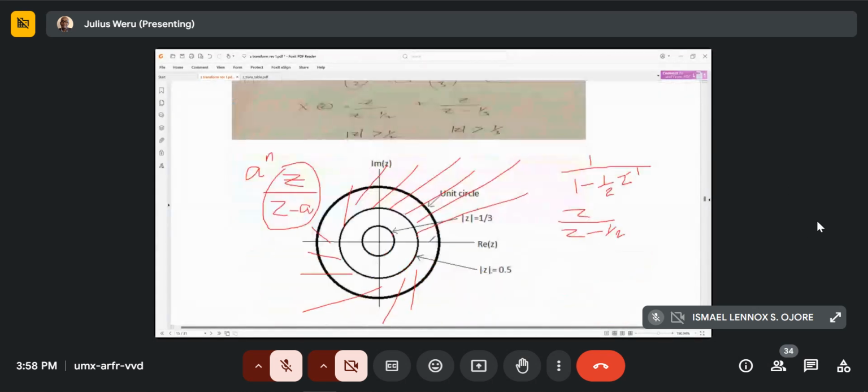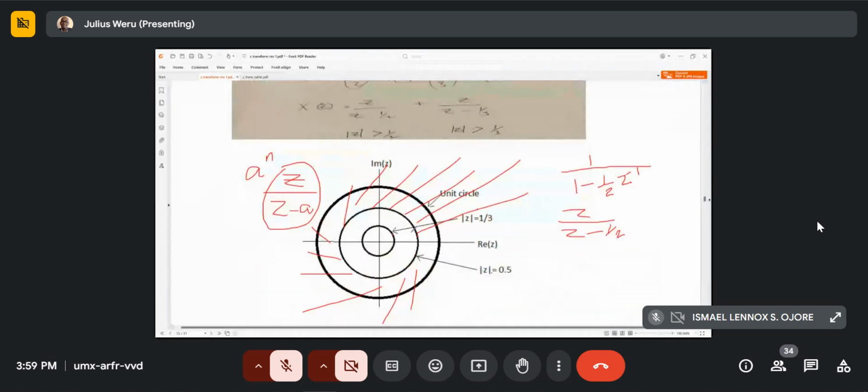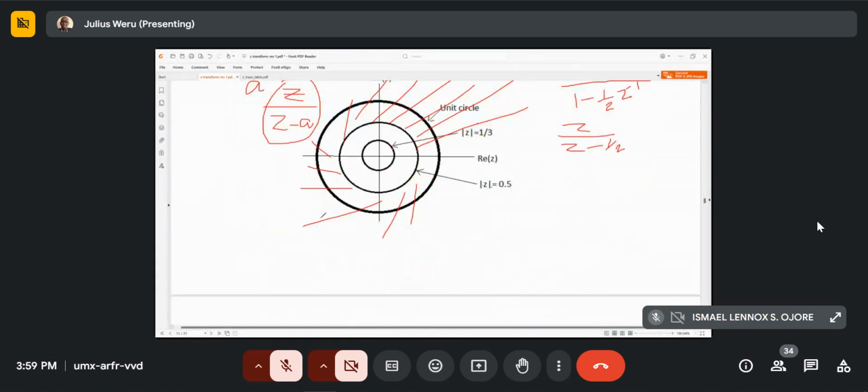Because the z transform is linear. So this system is causal and stable. Of course, it is causal the moment you have u of n. If this is describing a system, then it is causal and stable, because it could also be describing a signal.